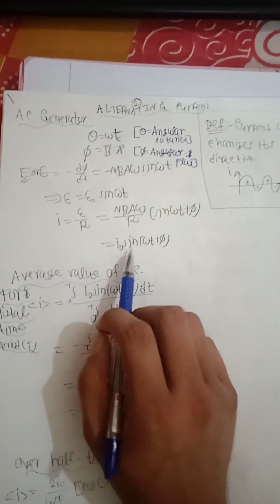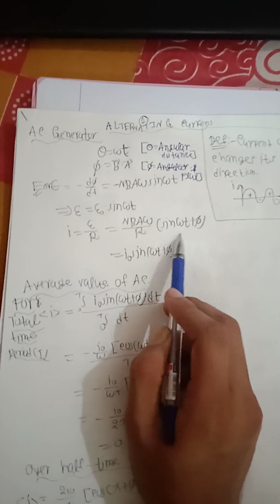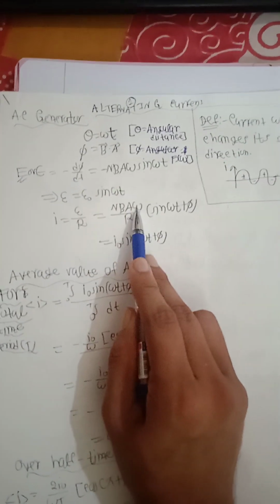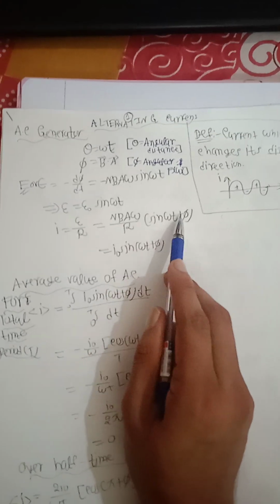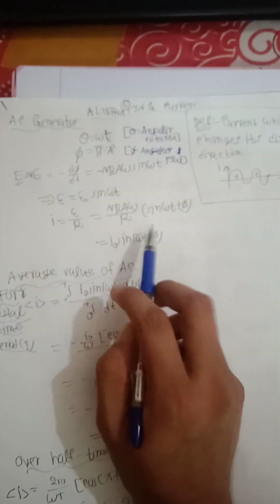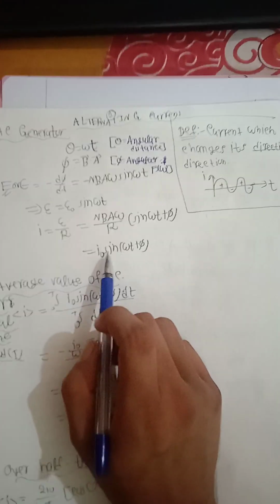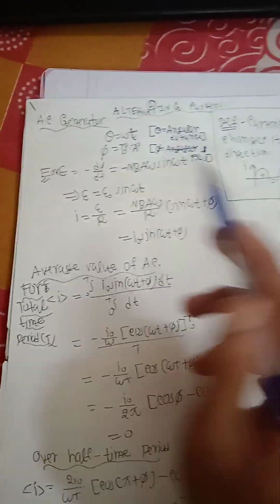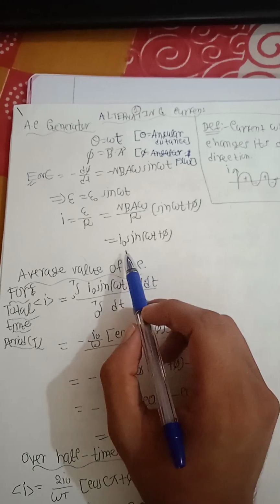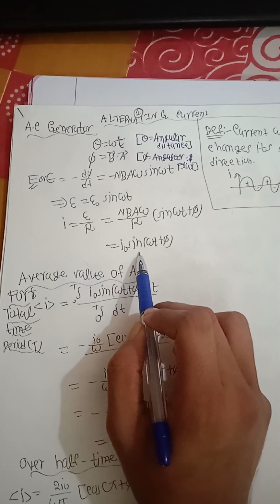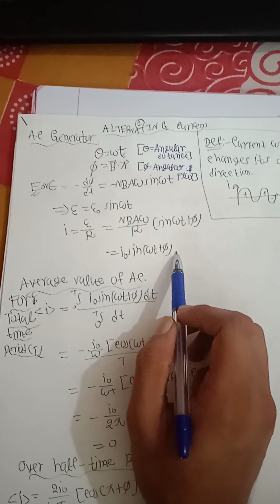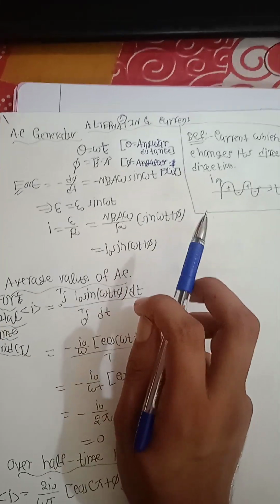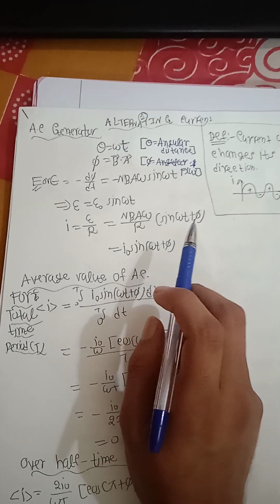If we do it, then we get this formula: capital N, capital B, capital A, omega into sine omega t plus phi, divided by capital R, which we can also write in this format: I naught sine omega t plus phi. Both formulas are important, you should remember all of them.